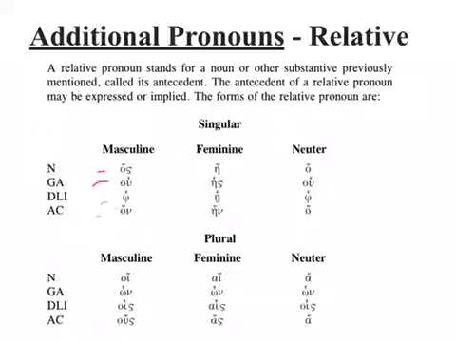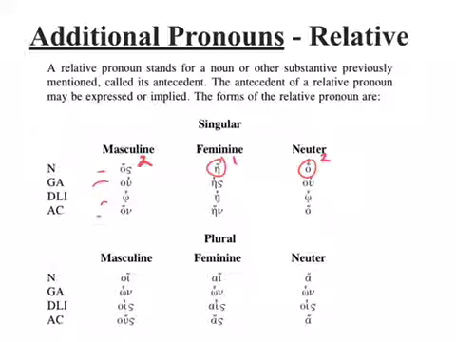So these endings, if you look, this is going to be second declension, first declension, and that's going to be second declension endings. If you notice the hey and ha right here, they look like articles.